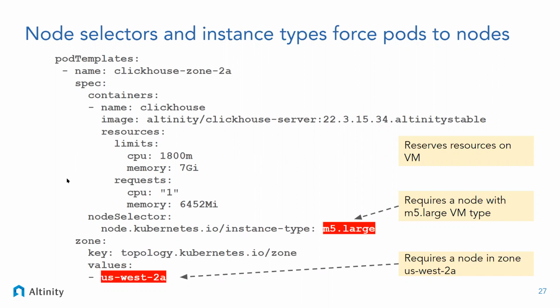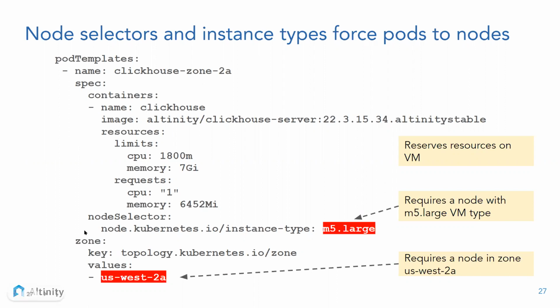It knows about availability zones. They're stored as metadata labels. And what we can say is this zone tag, if you will, is saying that these pods need to be on a node that has the zone value of US West 2A. So that means that this server can only run in the US West 2A availability zone.